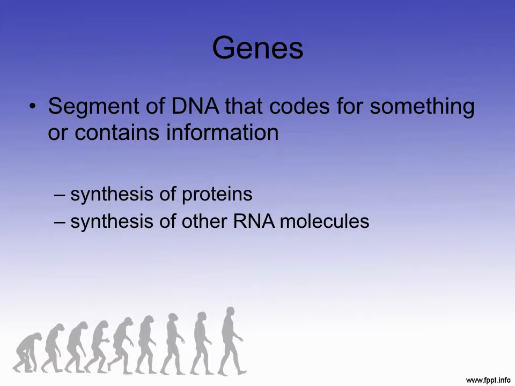Inside that lipid bilayer, we'd see cytoplasm, and organelles in the cytoplasm, and we'd see a nucleus, and the nucleus is enclosed by a nuclear membrane. Inside that nucleus are the paired chromosomes. The chromosomes are made up of strands of DNA.